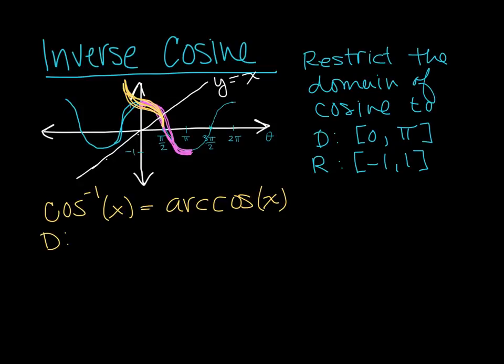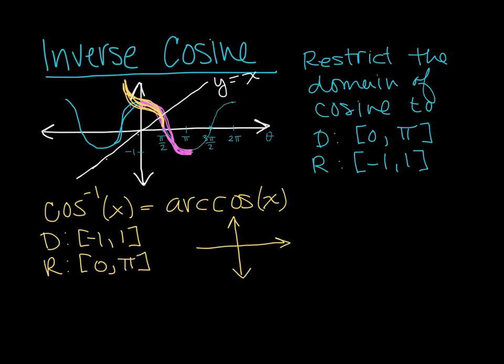So it has a domain of negative 1 to 1 and a range of 0 to pi. Again, because I'm a really visual person, if I'm thinking about the quadrants, the arc cosine function always gives me an answer in one of the first two quadrants, either in quadrant 1 or in quadrant 2.